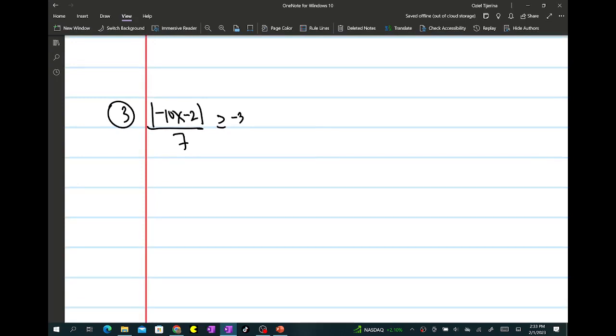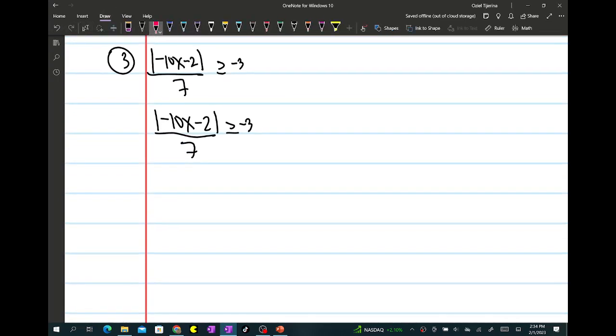Let me just rewrite it: the absolute value of negative 10x minus 2 over 7 is greater than or equal to negative 3. What we're going to do first is multiply by 7 on both sides to get rid of that fraction, right? So then we have the absolute value of negative 10x minus 2 is greater than or equal to negative 21, right? You only switch the inequality symbol if you're multiplying or dividing by a negative number, okay?